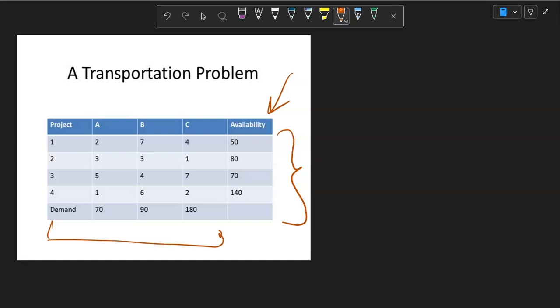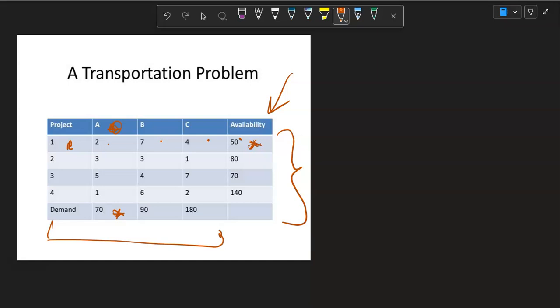And basically, these figures that you have in this table are your cost of transportation. Okay, so basically what we are saying is that supply 1 can only supply 50, while demand A or destination A demands this particular number there, 70.